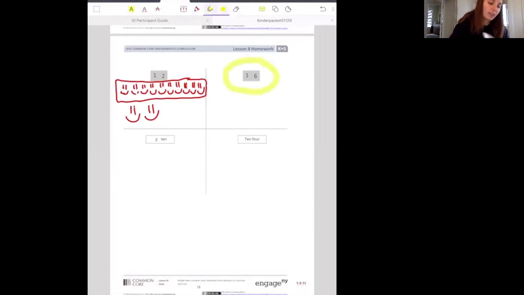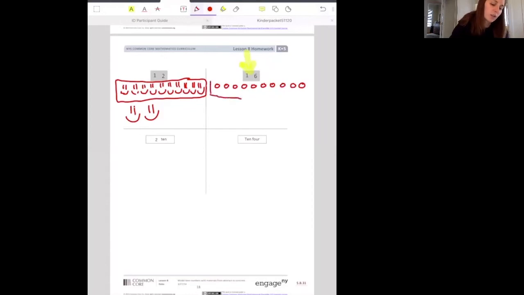Okay, look at your next one. What number do you see? This number has one group of 10. Why don't we go back to circles? 1, 2, 3, 4, 5, 6, 7, 8, 9, 10.